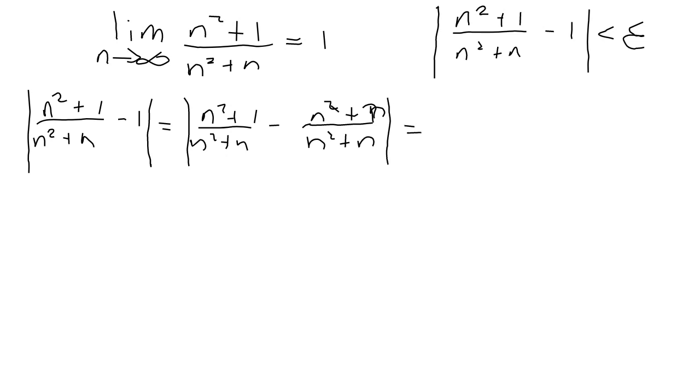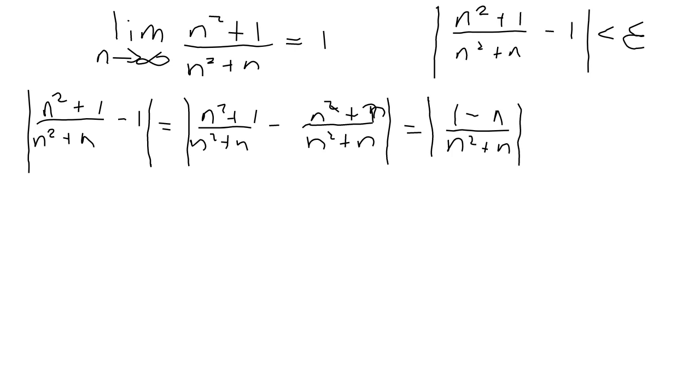So if you subtract that top part, the n squared cancels, and we get 1 minus n. So n squared plus 1 minus n squared minus n. It's minus the whole thing, so you're going to get 1 minus n over n squared plus n. Right, so we have that so far.